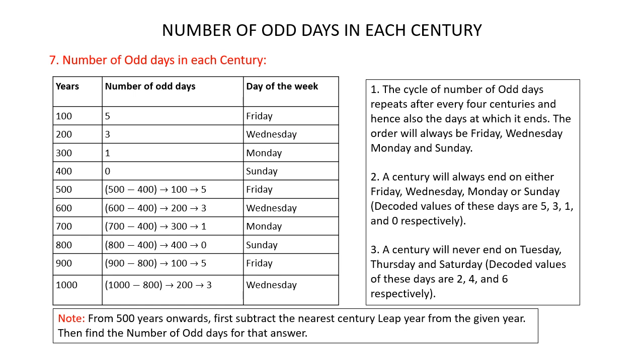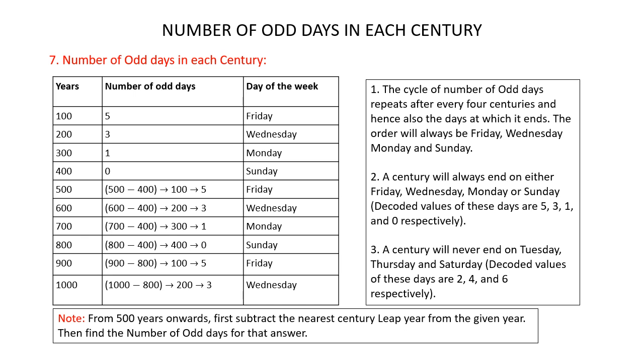In 300 years, there is 1 odd day, and we know that 1 means Monday. So the last day of the third century would be Monday. 400 years has 0 odd days, and we know that 0 means Sunday. So the last day of the 4th century would be Sunday.